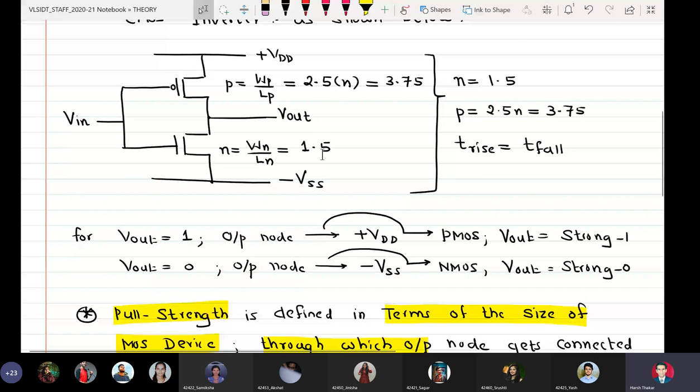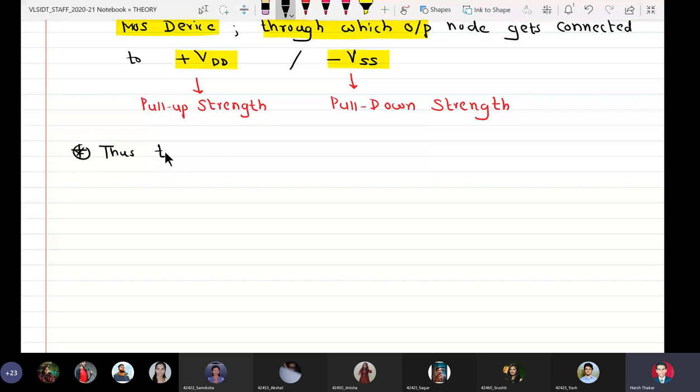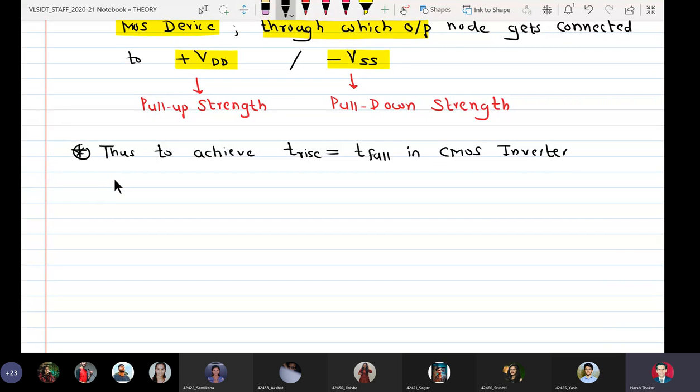Thus, to achieve T rise equal to T fall in a CMOS inverter, the pull-up strength should be equal to small p and the pull-down strength should be equal to small n, where p is 2.5 times n and n is equal to 1.5.